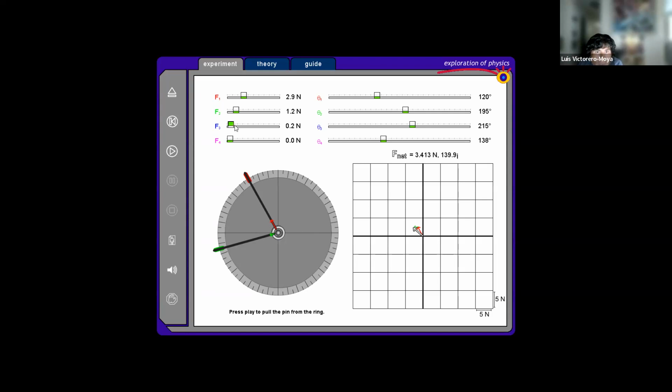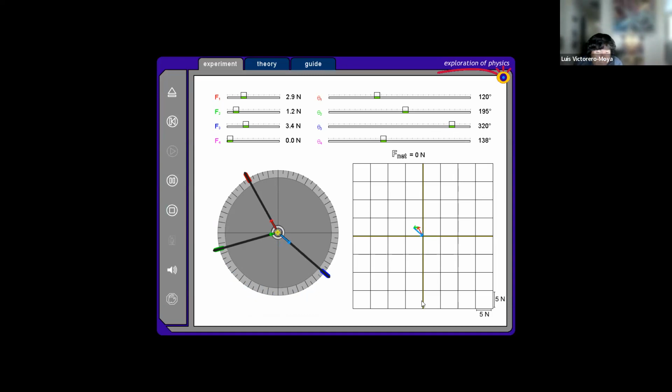All right. 3.4 at 320. Aha. As you can see, that's the equilibrium force. 0 newtons is the net force between these three forces. That's why the mass is in equilibrium.